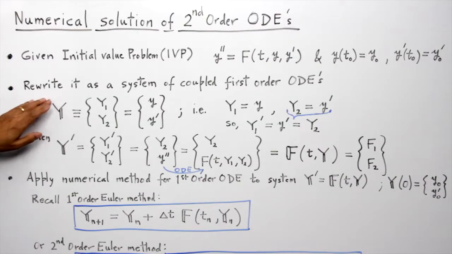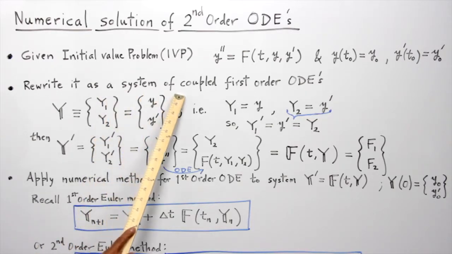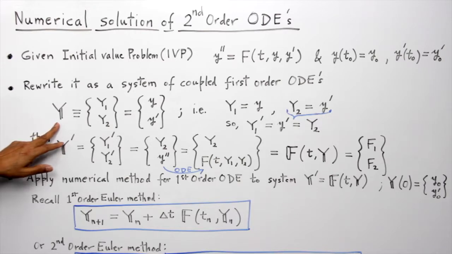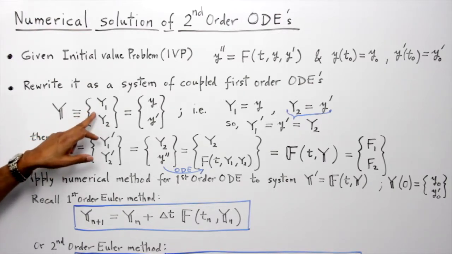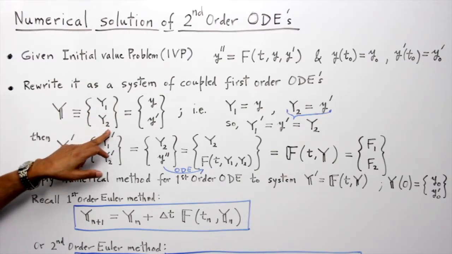We want to rewrite it such that it is seen as a system of coupled first order ordinary differential equations. And so this is actually very straightforward to achieve. So we define vector y. Originally y was a scalar quantity, so we are now introducing a vector valued y, which has two components, capital Y subscript 1 and capital Y subscript 2.